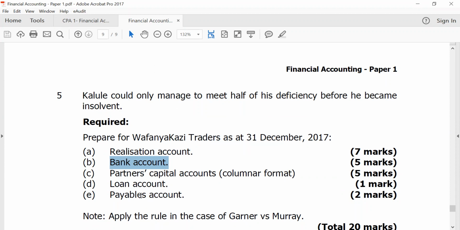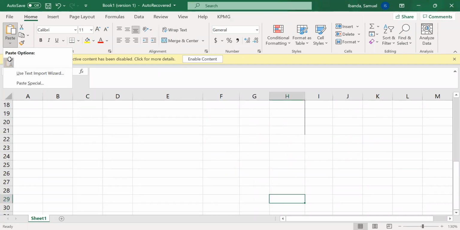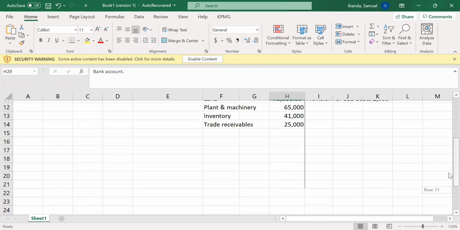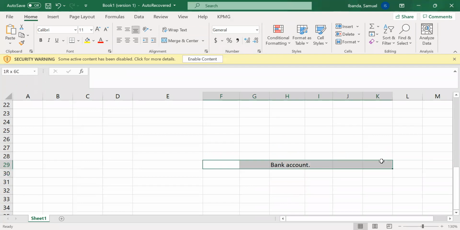That way, as you get to something that goes to the realization account and also to the bank account, you can put it directly without having to first finish one account and then come back to do the other. So I'll just put my bank account there. Make sure you leave enough space so that at the end of the day, you can put all the other information in. So I'll just try to do this.